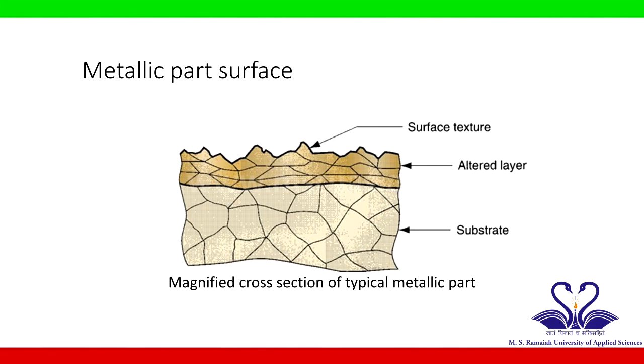The altered layer may result from work hardening, that is mechanical energy, heating, that is thermal energy, chemical treatment, or even electrical energy. Substrate: the bulk of the part, referred to as the substrate, has a grain structure that depends on previous processing of the metal.